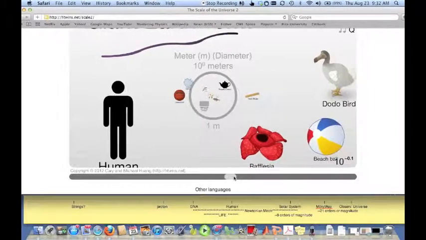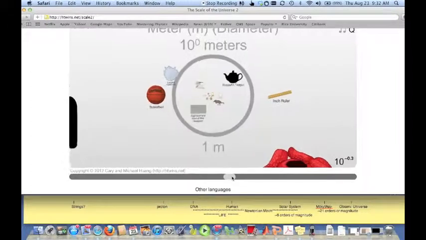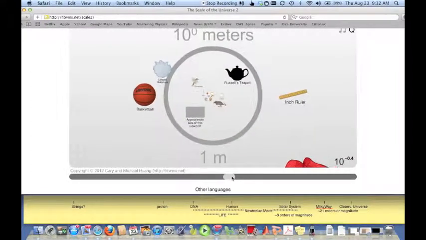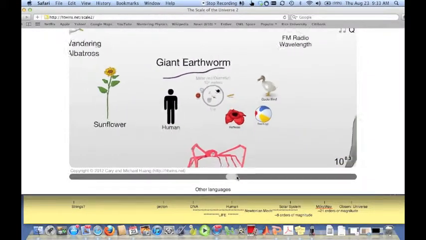The size of a human is typically of the order of 1 meter, especially if you're my size. That's 10 to the 0. So the order of magnitude we're talking about there is about 1 meter. That's the scale of things that we interact with a lot in our everyday life.